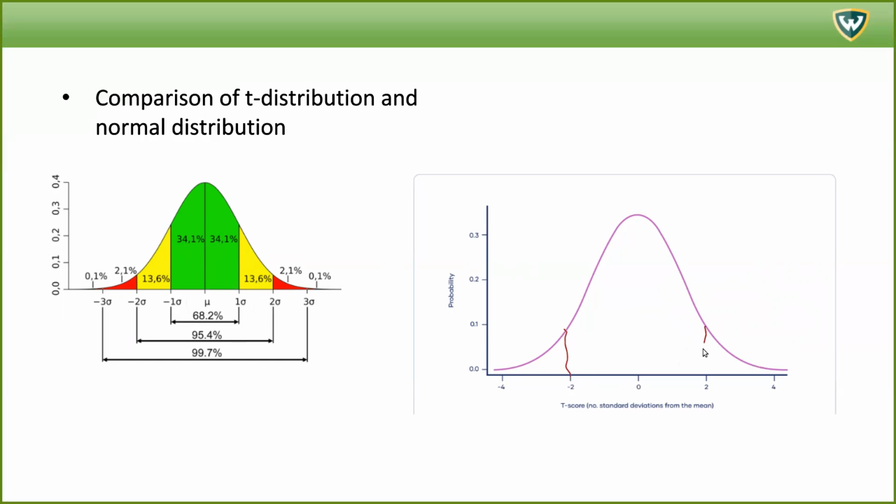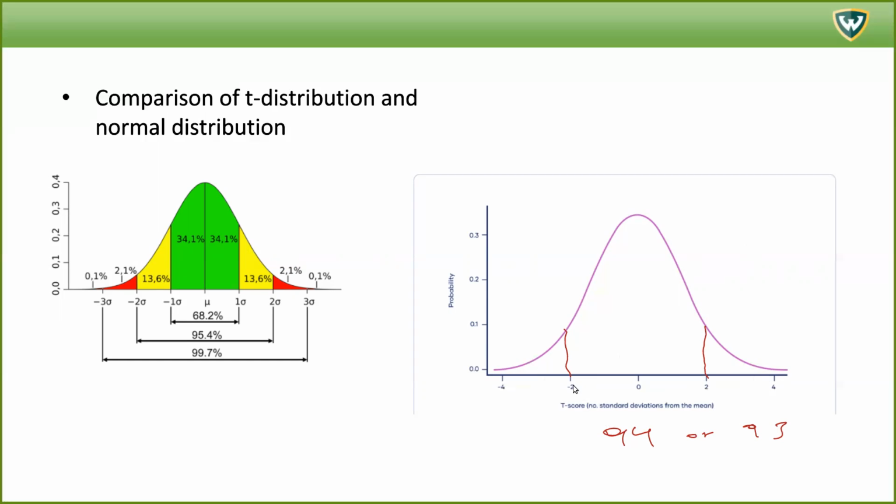within two standard deviations, instead of only having 95%, we're going to have maybe 94 or 93. Now it depends on the degrees of freedom, because the t-distribution has a parameter that changes based on the degrees of freedom.